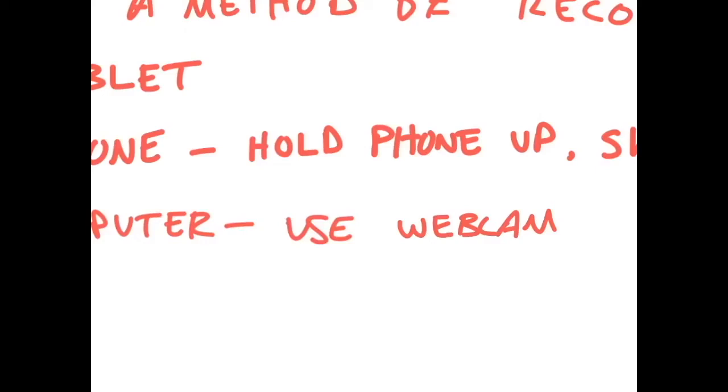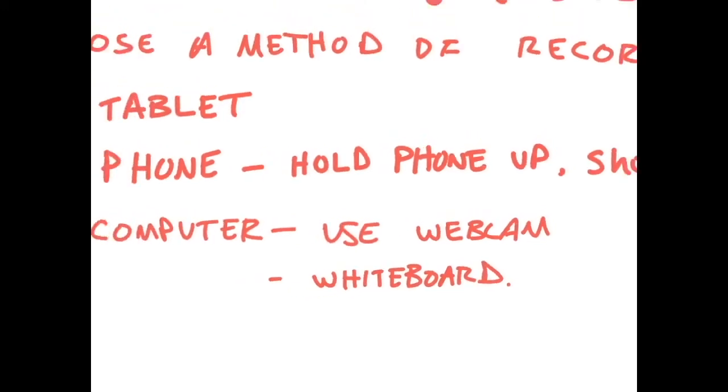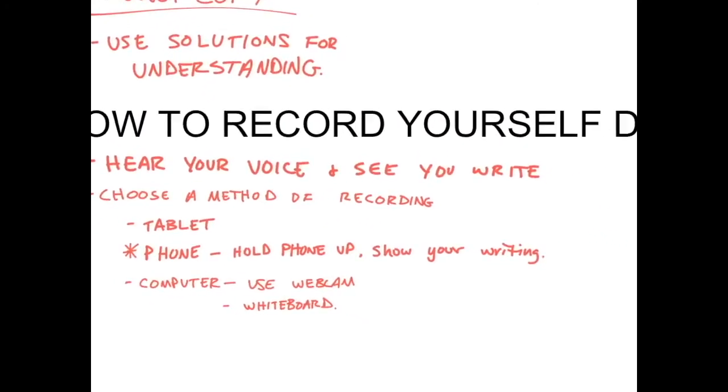So you can use a webcam on your computer and a whiteboard and write on that. But the important thing is that I need to see you write and hear your voice. It may be awkward. It may take a little bit of getting used to, but those are some ways that I want you to do.